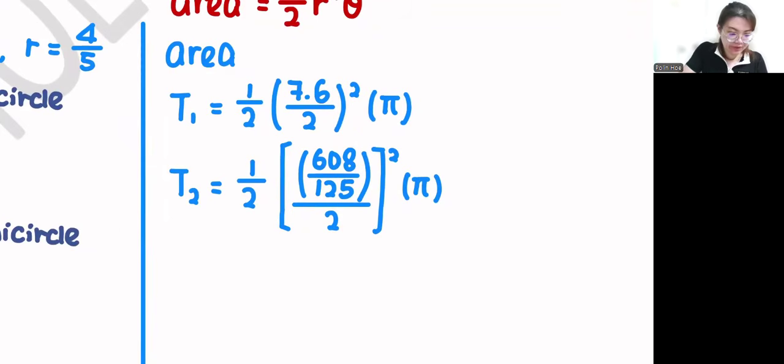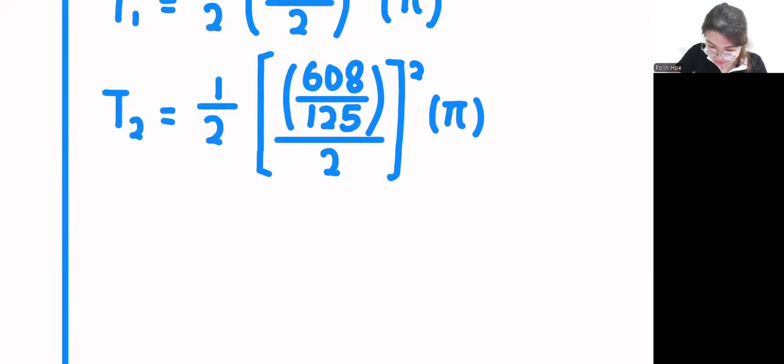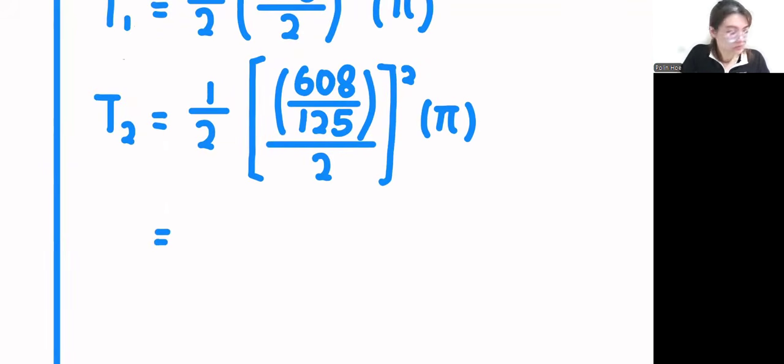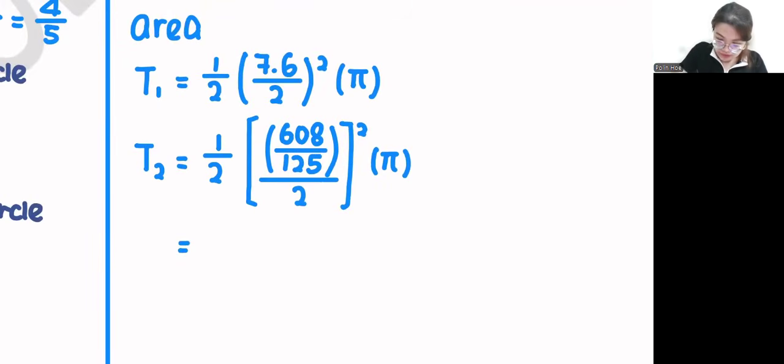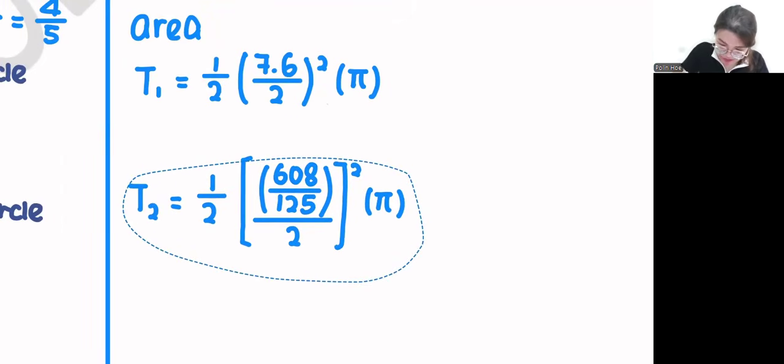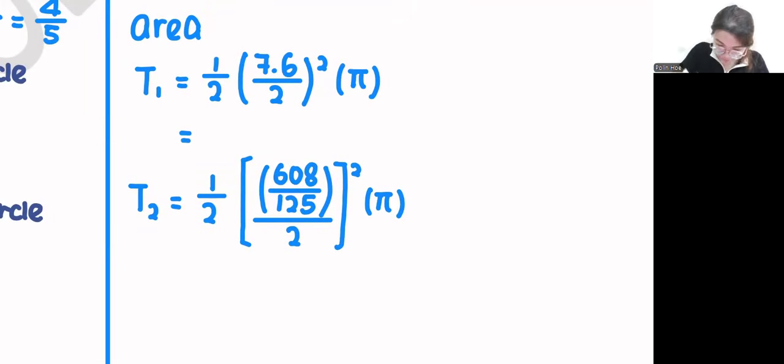I find my area and my ratio. Let's find the ratio first. Maybe you leave some space here. So this is 7.22 pi.